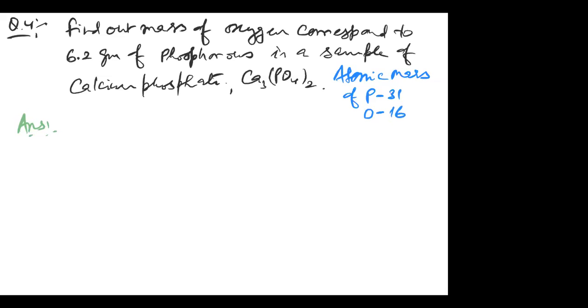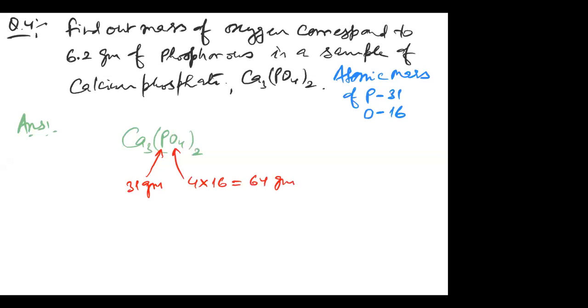So as per calcium phosphate is concerned, with 31 gram of phosphorus, which is the atomic mass of phosphorus, we have 4 multiplied by 16 comes out to be 64 gram of oxygen.